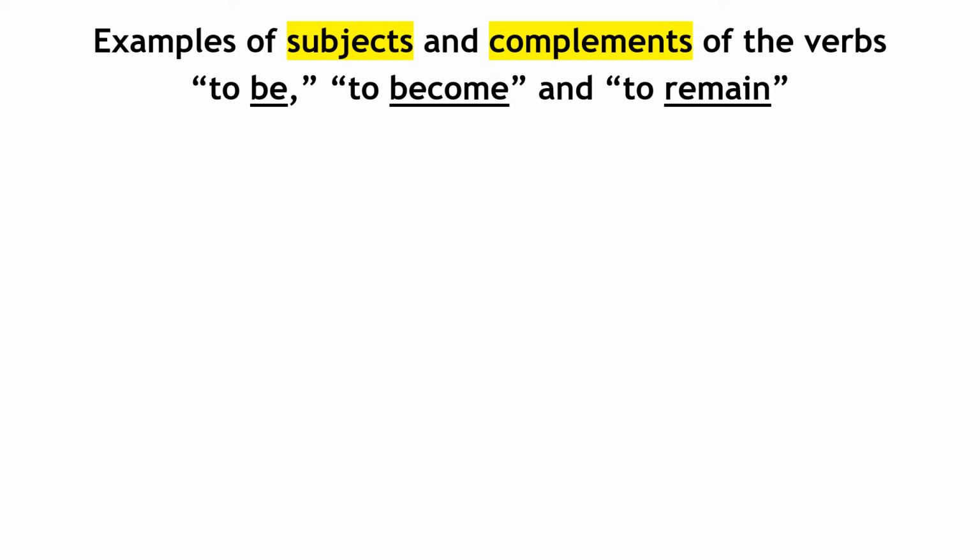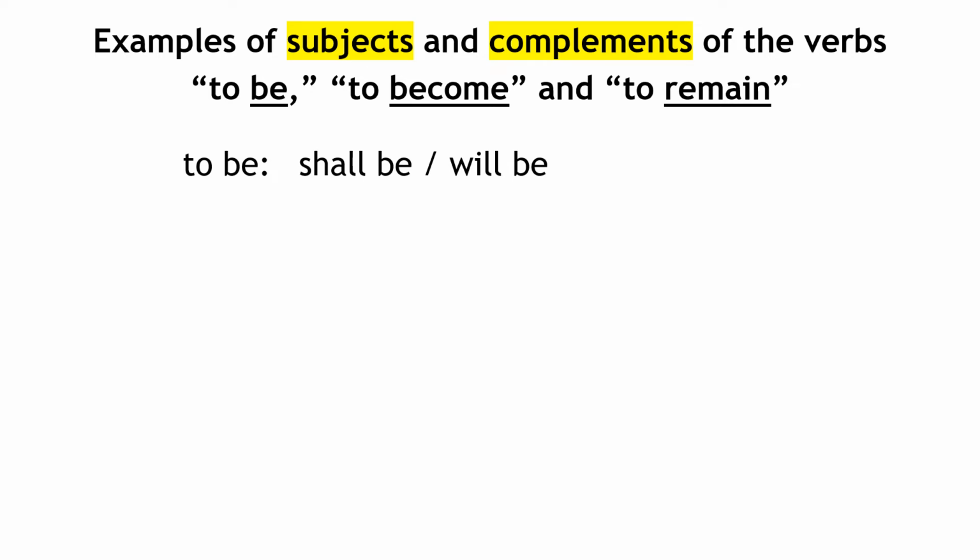Now, when we refer to the verb to be, we mean any part of the verb to be. It could be a part of the verb to be which we use to express the past, such as was or were. It could be the present tense of the verb to be, such as is or am or are. It could even be the future tense of the verb to be, shall be, will be.